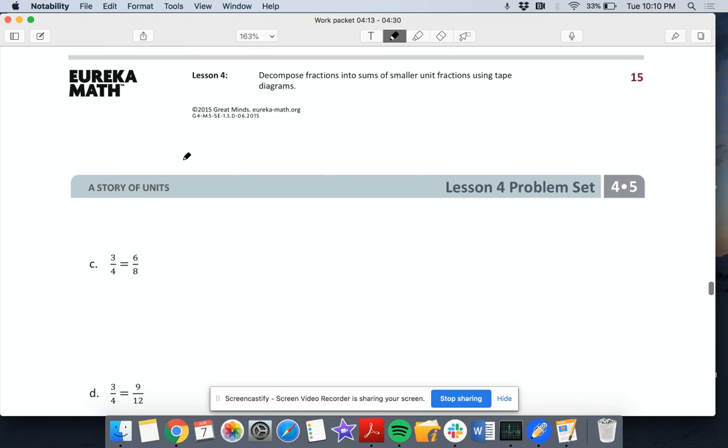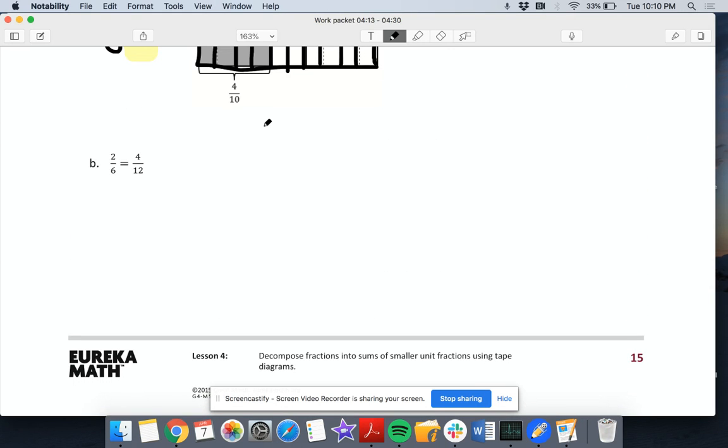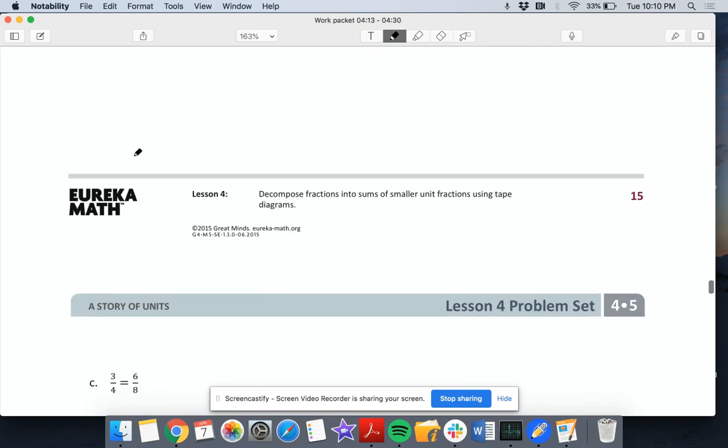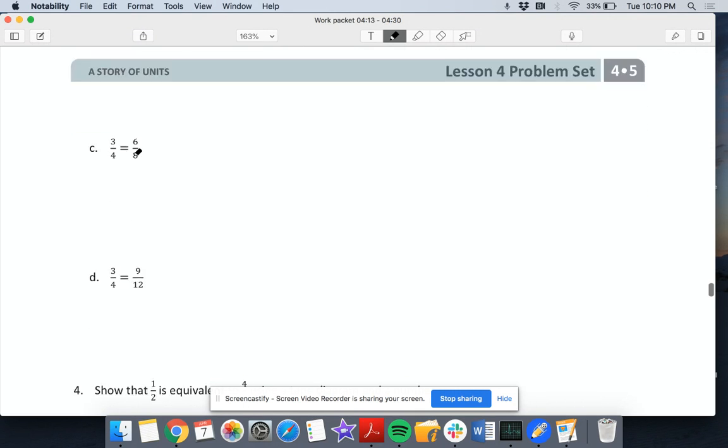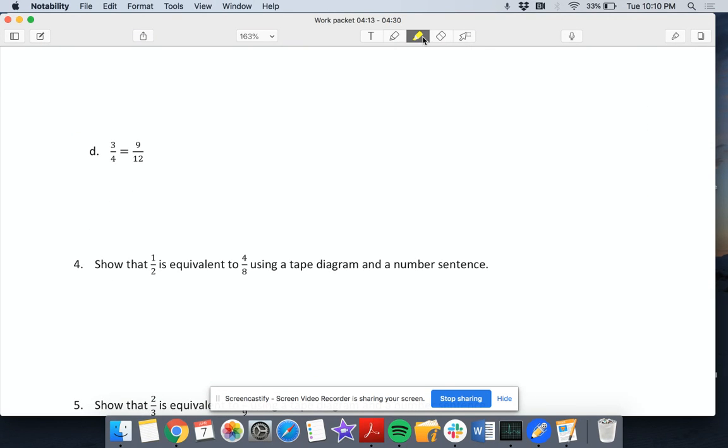Okay, let's try another problem together. Let's do D right now. Let's try to prove that 3/4 is equivalent to 9/12.